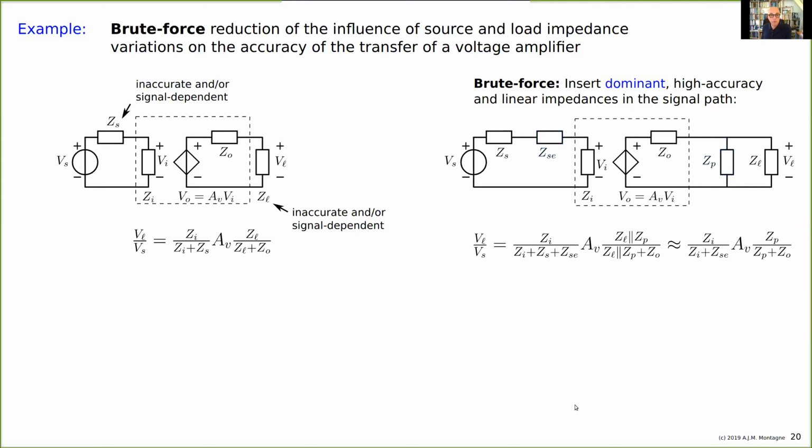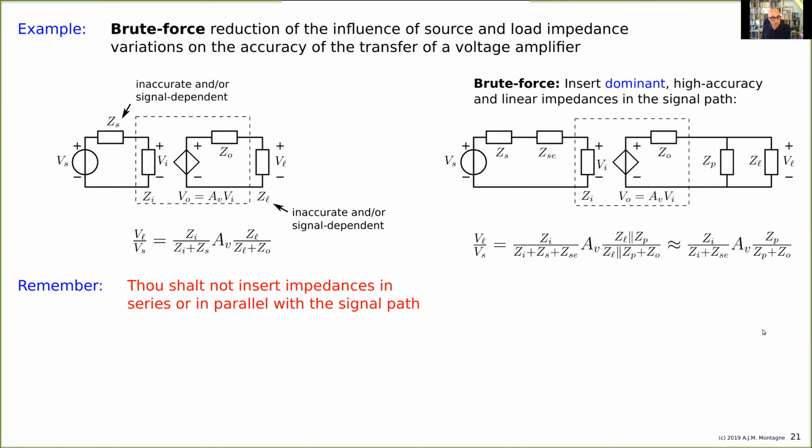So although you could say from the expression that if the series impedance is much larger than the source impedance and the parallel impedance is much lower than the load impedance, both the source impedance and the load impedance drop from the equation, so it is more accurate. We don't have any inaccuracy left from the source and the load impedance, but we may have deteriorated noise performance and power efficiency.